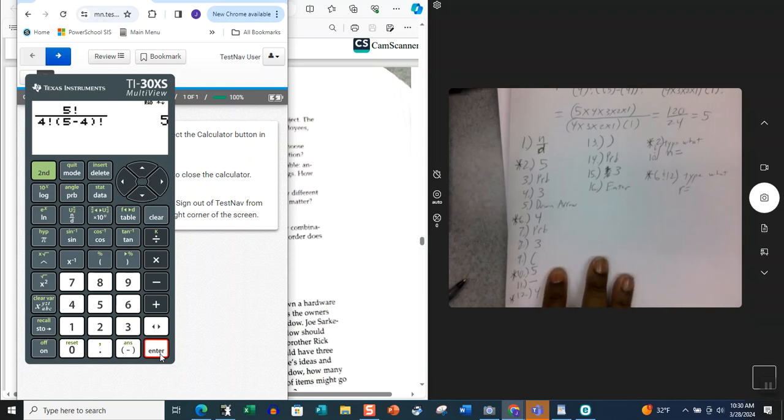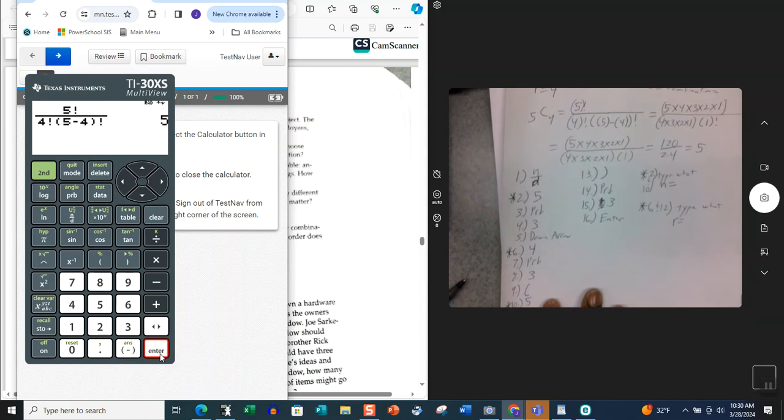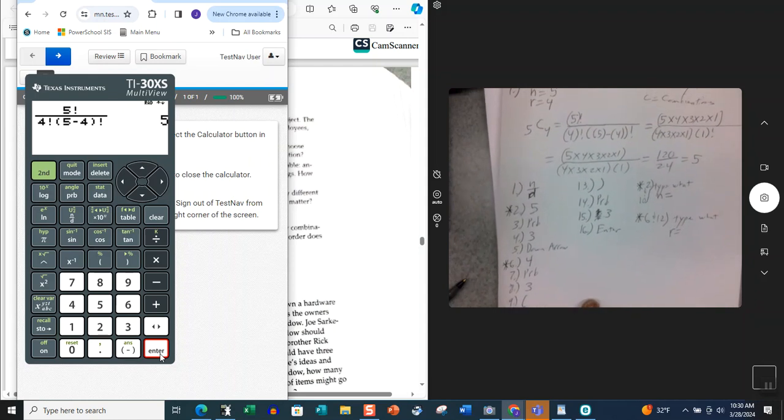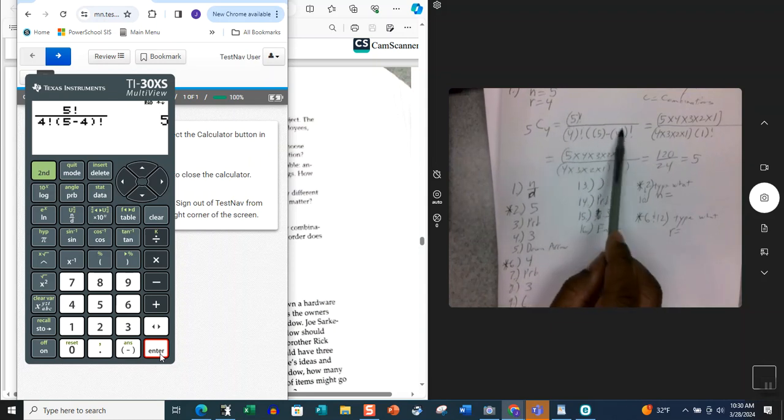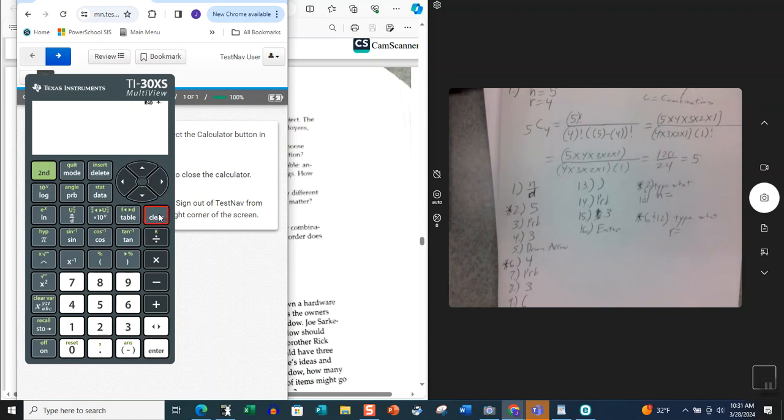So if you look up here, we had typed in everything. When we typed in everything, what we have here, I just didn't put them in parentheses in the calculator, except for the 5 minus 4. What we have here, we put here, and that gave us 5. Also, one thing I did not show you that I'm going to do now is here.